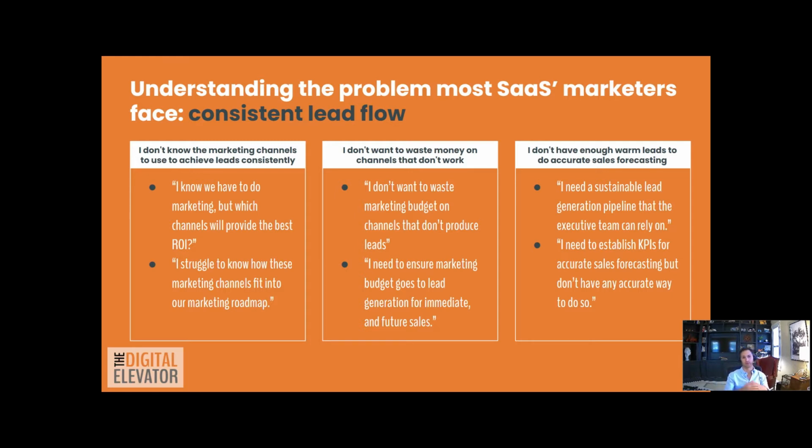And then this other one really leads to growing and scaling a company. I don't have enough warm leads to do accurate sales forecasting. You'd need, from what we're hearing, a sustainable lead generation pipeline the executive team can rely on. What we see is that executive teams are looking at marketing teams and saying, hey, we need you to forecast the sales pipeline.